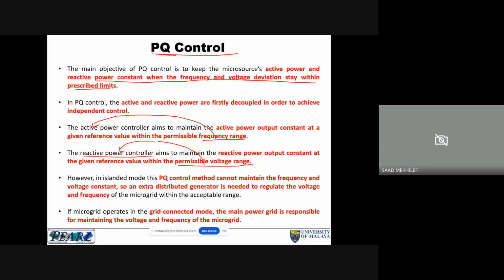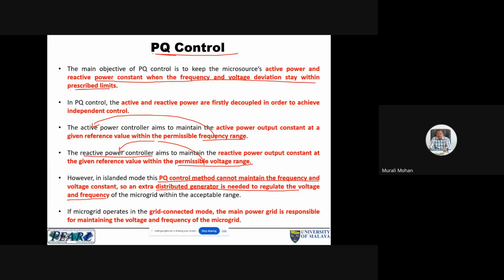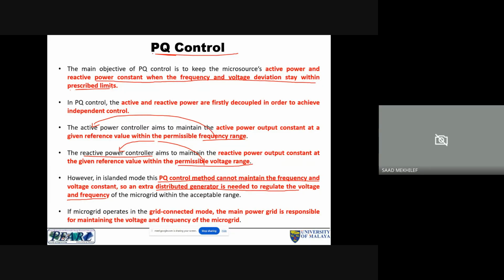This is the case in grid connected mode. However, in islanded mode, the PQ control method cannot maintain the frequency and the voltage. So an extra distributed generator is needed to regulate the voltage and frequency, as we said just now before the break. For islanded mode, there should be another source responsible for regulating the voltage and frequency.